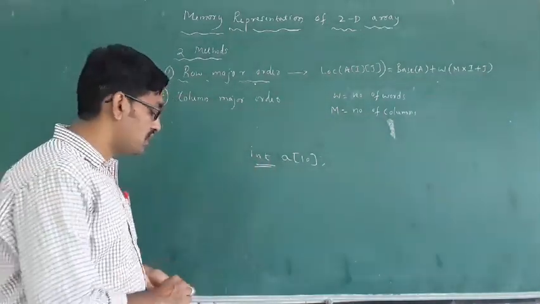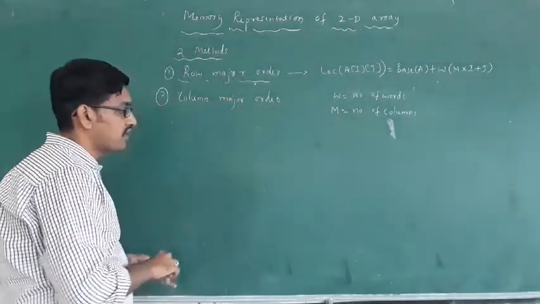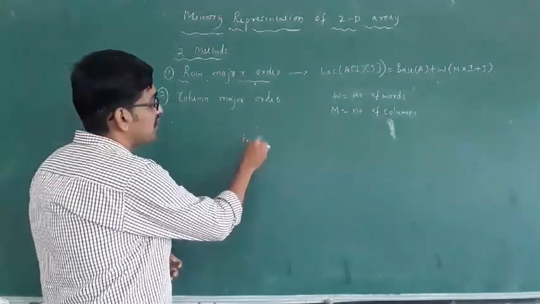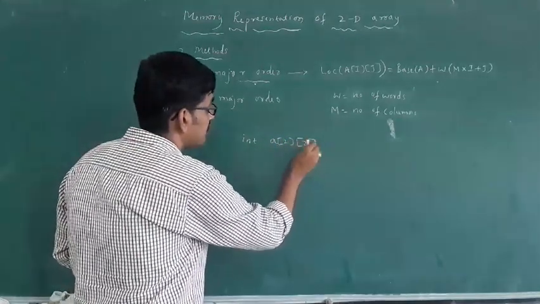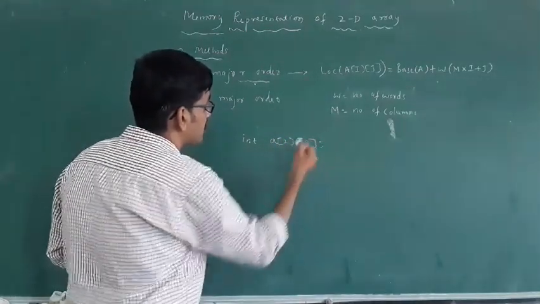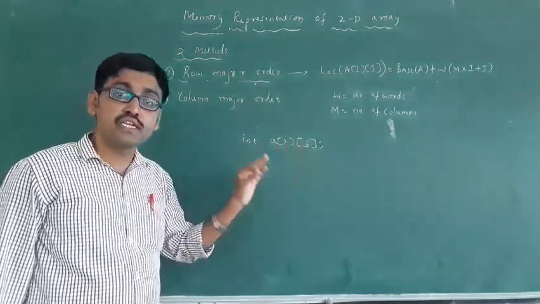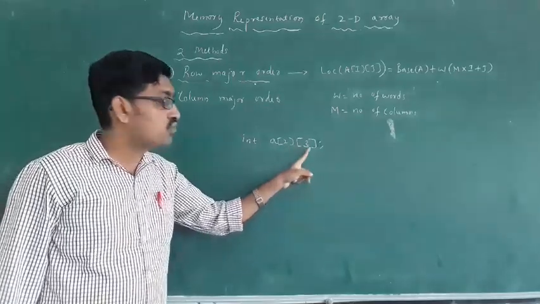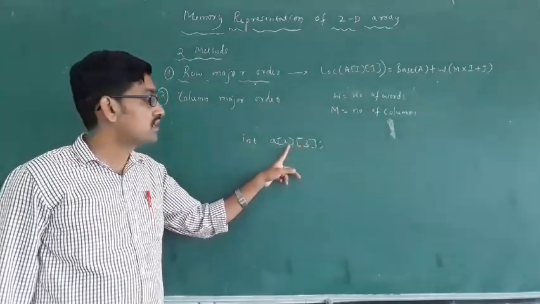Now you have to study what a 2D array is. See, what is a 2D array? For example, I am writing int a of 2 3. This is a 2D array. Why is it a 2D array? It has 2 subscripts. That's why it is a 2D array.